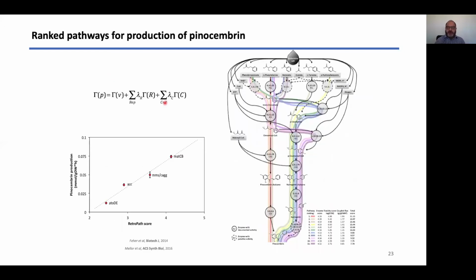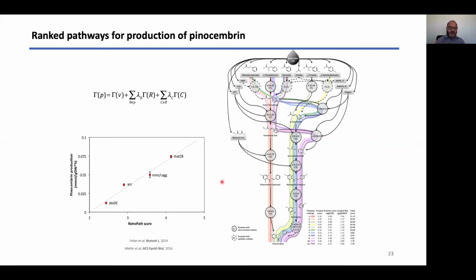So that's one example of producing pinocembrin. We were able to predict 11 pathways that can be used, and they were ranked here using multiple criteria, like which pathway is more toxic or which pathway we expect is going to produce more of the target. And in that way, it was then expressed and experimentally tested, and we found that actually there was a good correlation between the predictions and the actual levels of production in the lab.